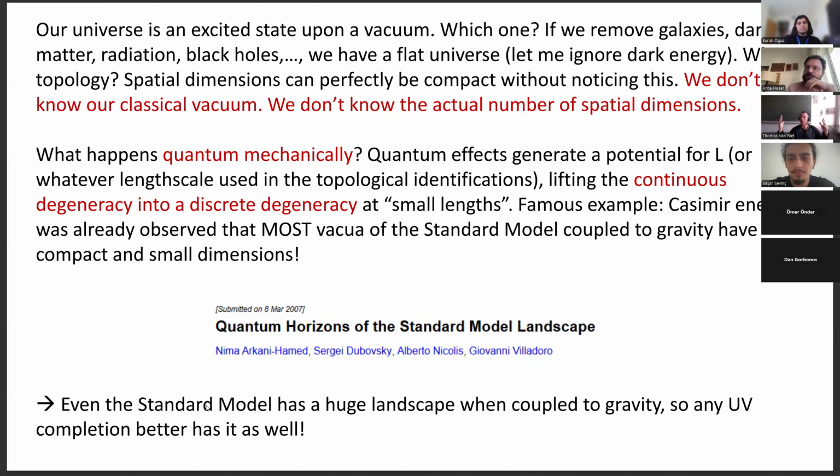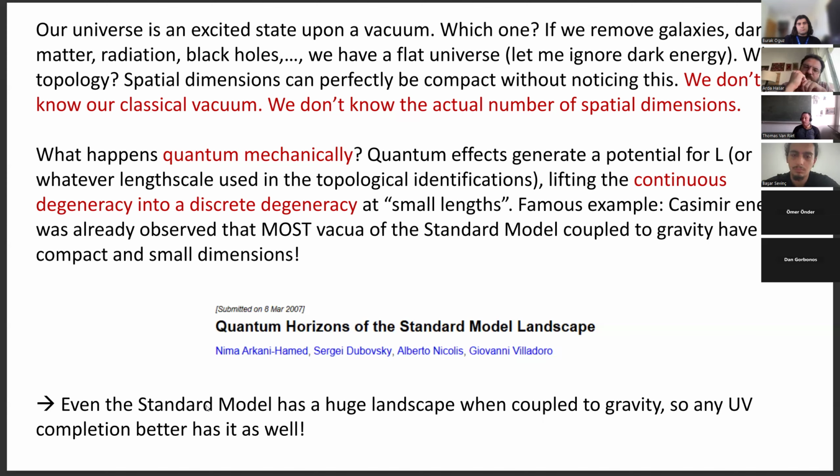But there are many numbers L if I do all this Bieberbach classification. And so quantum mechanics tends to lift this continuous degeneracy, because for any real number L, I had a solution to Einstein's equations. But it does so obviously at what we call small length scales, right? You can imagine that quantum mechanics is not important at big length scales. Indeed, there's something called the Casimir effect, which is only measurable and big when L is small enough, okay?